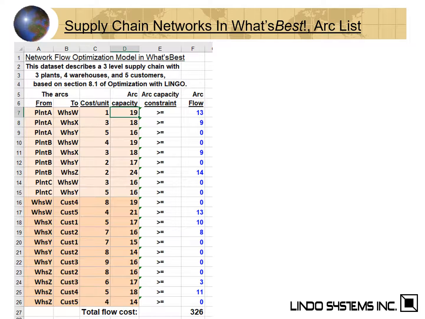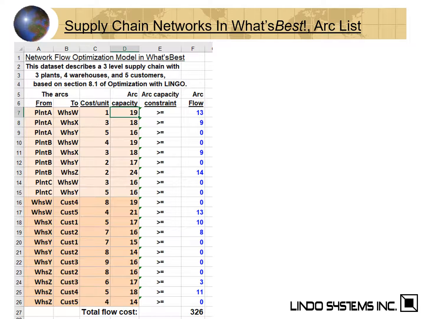So first we would have, say, a tab or an area of the spreadsheet where we'd simply list all of the arcs in the problem. So up at the top, we start with the shipments between plants and warehouses, all of the arcs there. And then in the second half of the list, we have all of the shipments between warehouses and customers, or between DCs and customers.